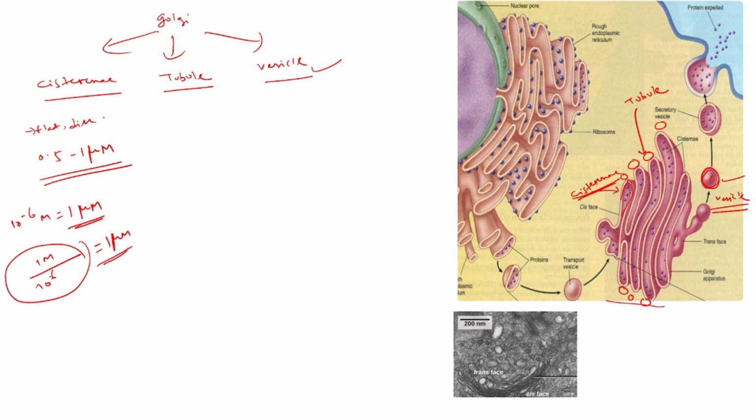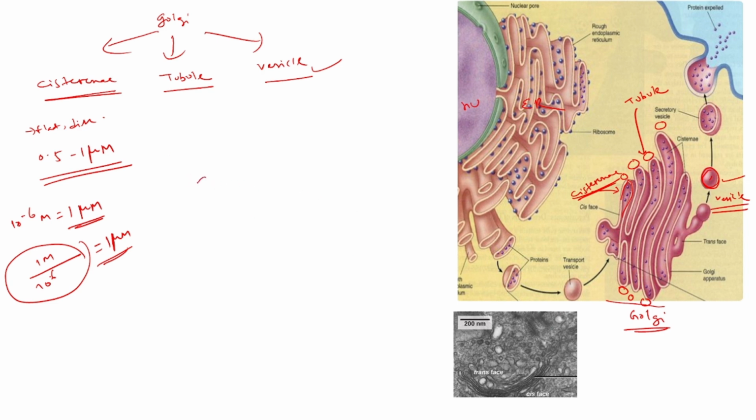So now come to the cisternae. It is very important. Look at the structure. This is the nucleus, this is the ER, and this is the Golgi. The Golgi has two parts. One is called the convex and another is called the concave.